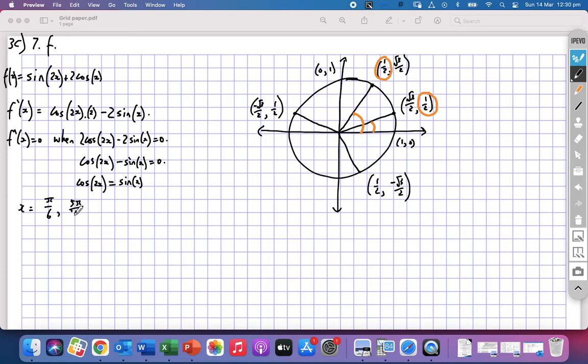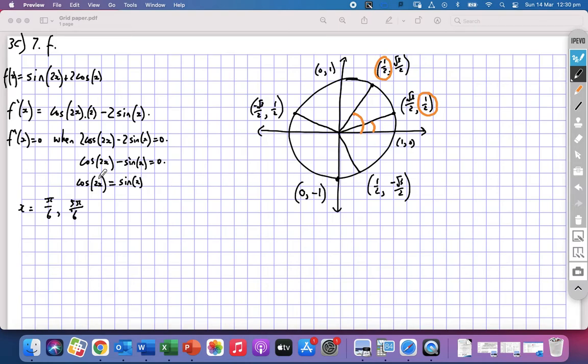So you could sort of scour through your unit circle and look for them. There is one more. I think it would be easy to miss. It's this angle here. I go all the way around to 3 pi on 2. Sine of 3 pi on 2 is minus 1. All right, that's easy.